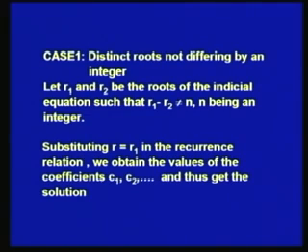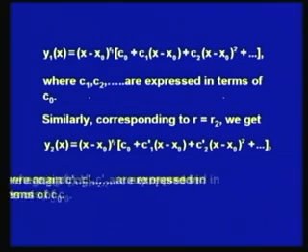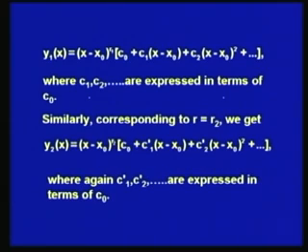What we will do is substitute r equal to r1 in the recurrence relation, and we shall obtain the values of the coefficients c1, c2 and so on, and thus get the first solution of the differential equation, y1(x) equal to (x minus x naught) to the power r1 into [c naught plus c1 (x minus x naught) plus c2 (x minus x naught) whole square and so on], where c1, c2 are expressed in terms of c naught.